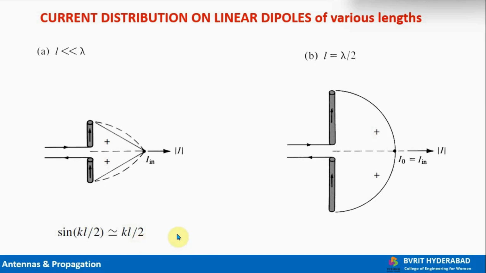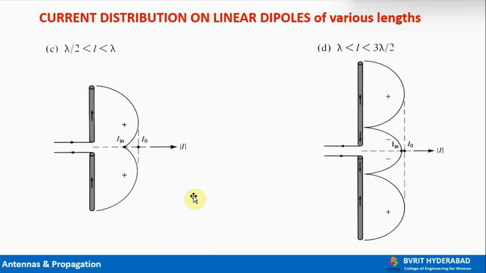Because of its cyclical spatial variations, the current standing wave pattern of a dipole longer than one wavelength, that is L greater than lambda, undergoes 180 degrees phase reversals between adjoining half cycles. Therefore, the current in all parts of the dipole does not have the same phase.